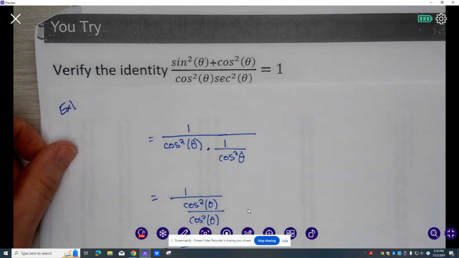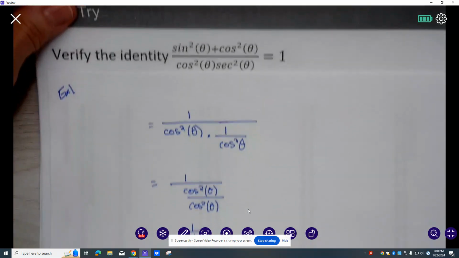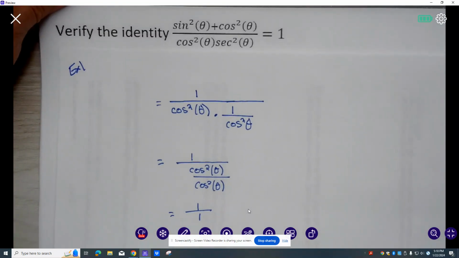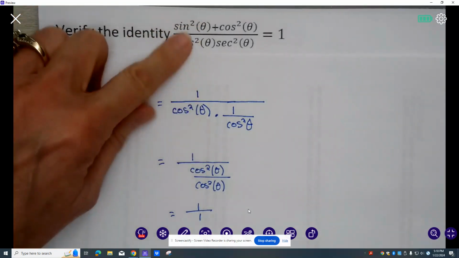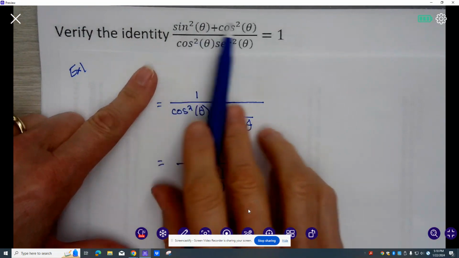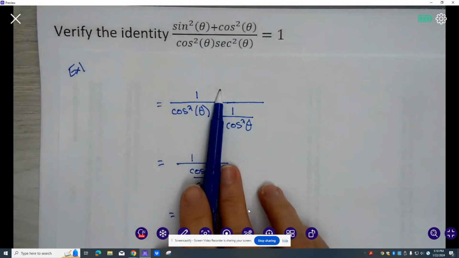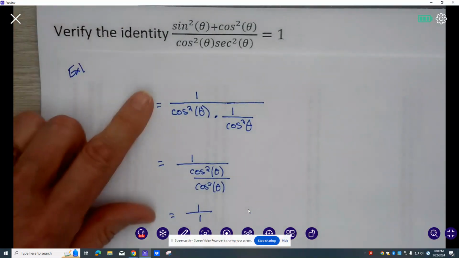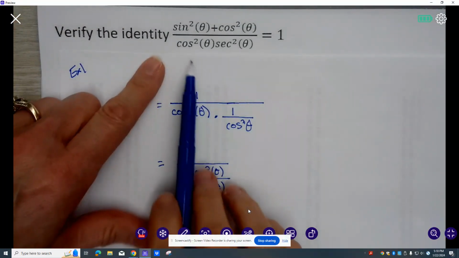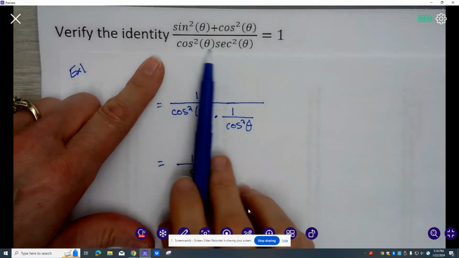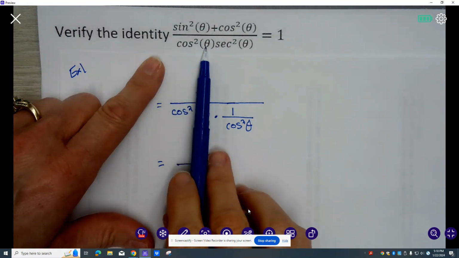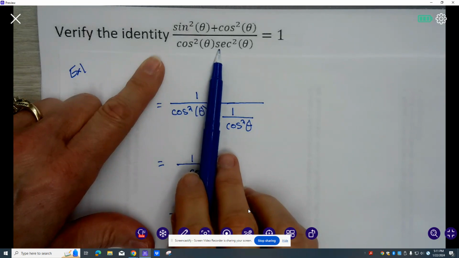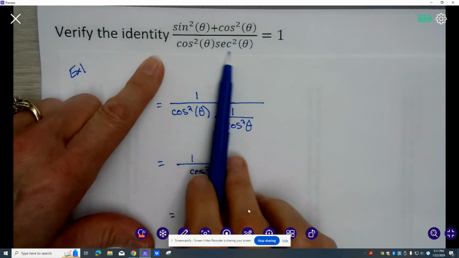Okay, so hopefully you tried it. I worked with this side of the equation. I said sine squared plus cosine squared is equal to 1. That is one of our Pythagorean identities. So that was the first thing I did. And then on the bottom, I also said, oh, cosine squared, I can't do anything with that. Now I'm going to do that strategy where I write everything as a sine or a cosine.